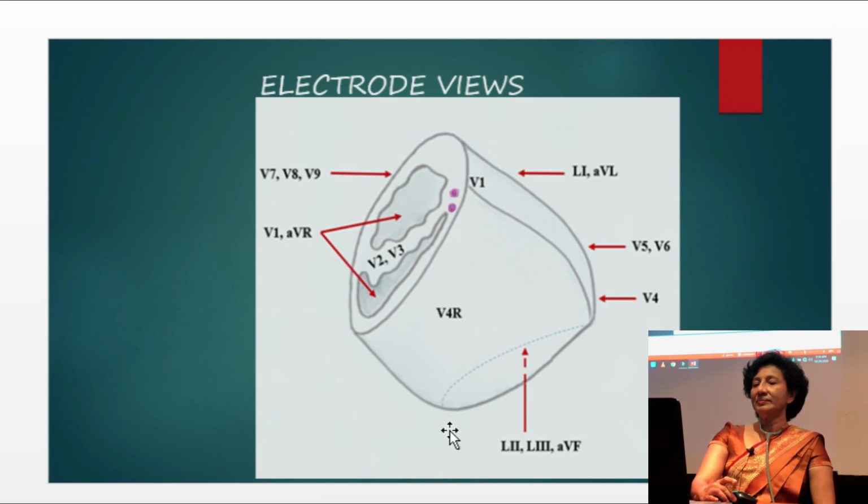Now this diagram repeats the electrode views. To make it simple, this is the high lateral wall, electrical activity recorded by lead 1, AVL.